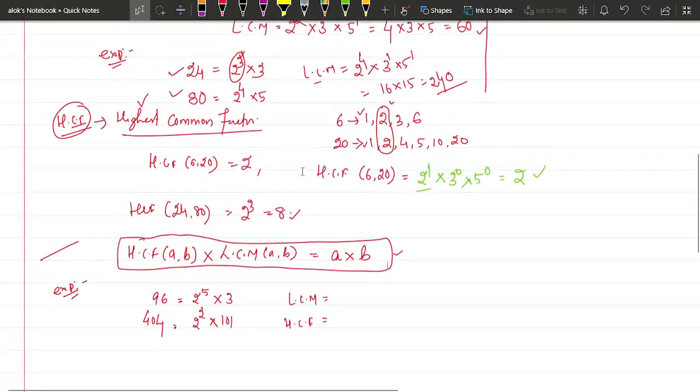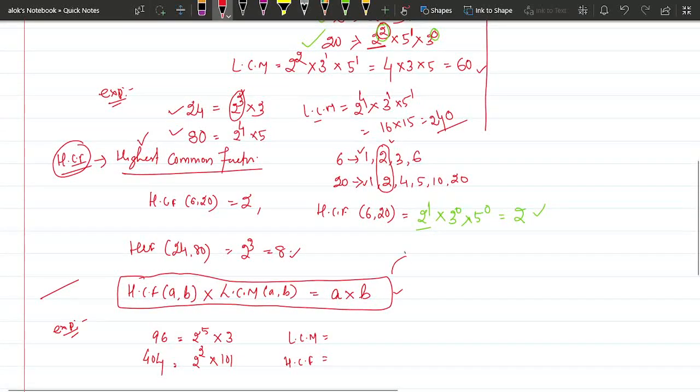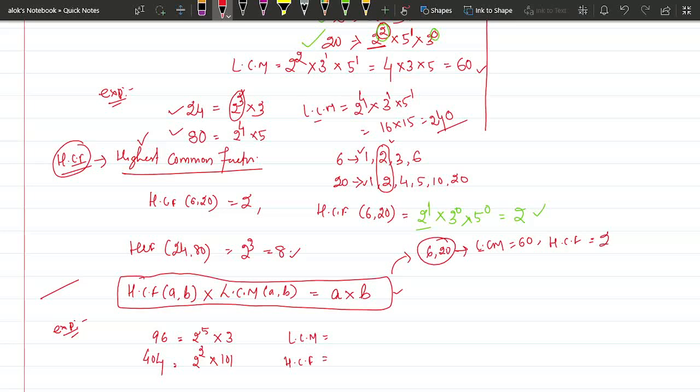Okay, from the above example, 6 and 20. Here LCM is 60 and HCF is 2. So on the left side we get 60 times 2, which is 120, and on the right side we have both numbers 20 and 6, which is also 120. Okay, so we can verify this formula with this example.